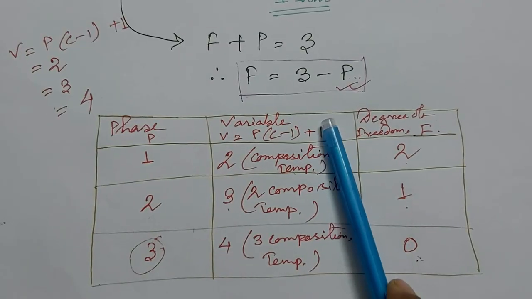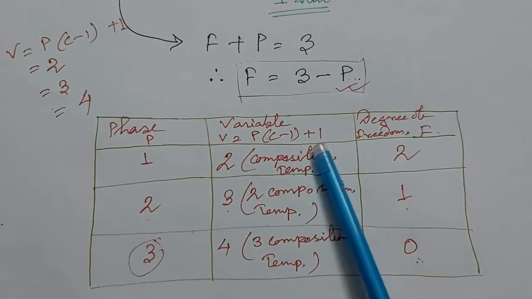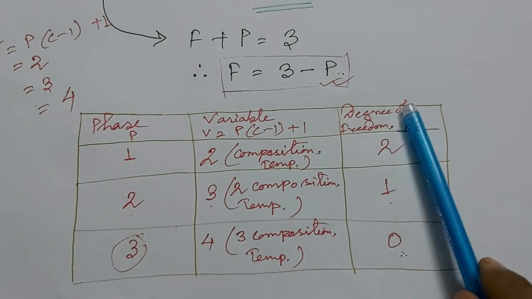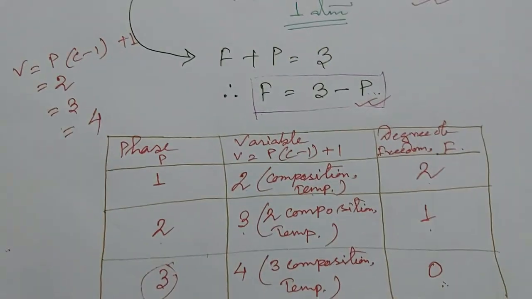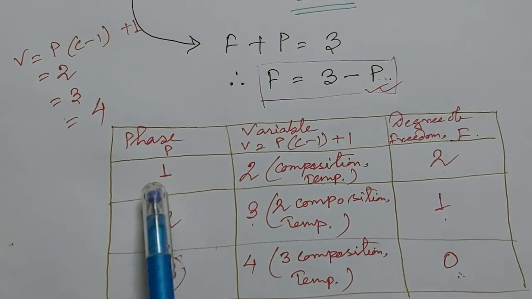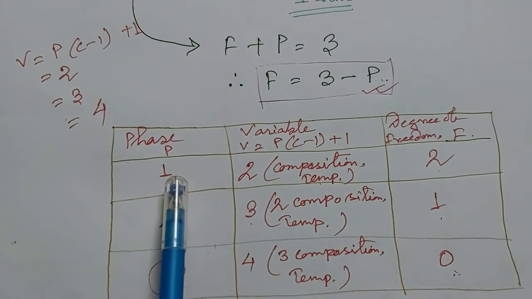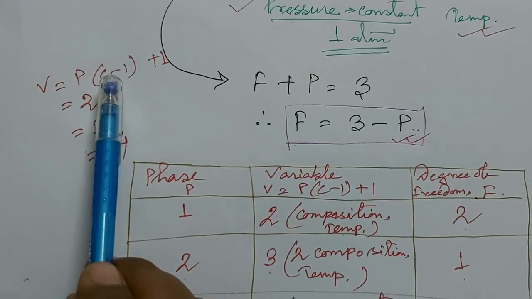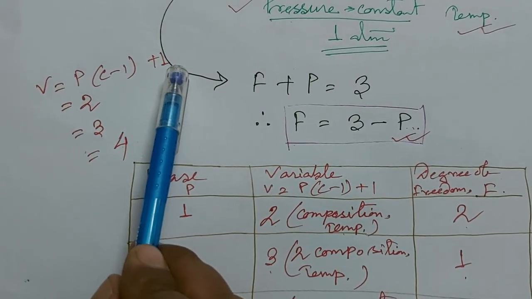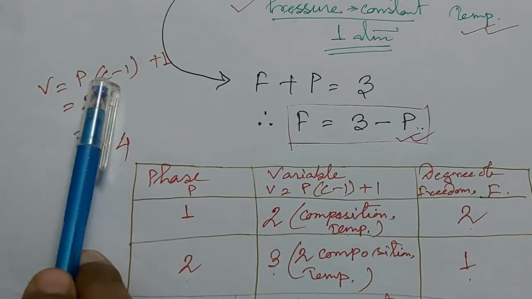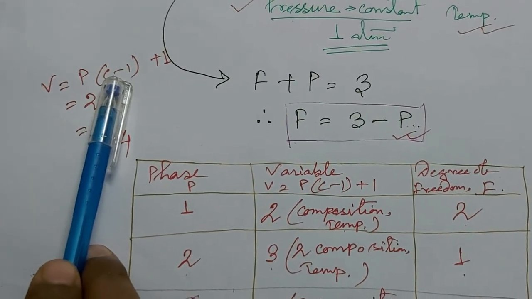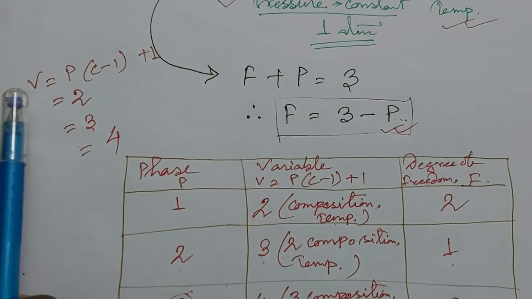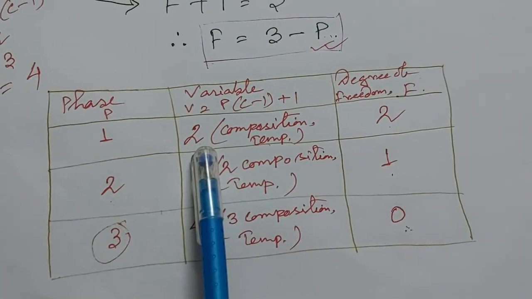See this one, it is for the thermodynamic variable, which is temperature, and degree of freedom is f. If we take p equal to 1, only one phase, then from the formula v is equal to p into c minus 1 plus 1, with p equal to 1 and c equal to 2, as we are taking a binary system, so c always is equal to 2, we will get variable is equal to 2.